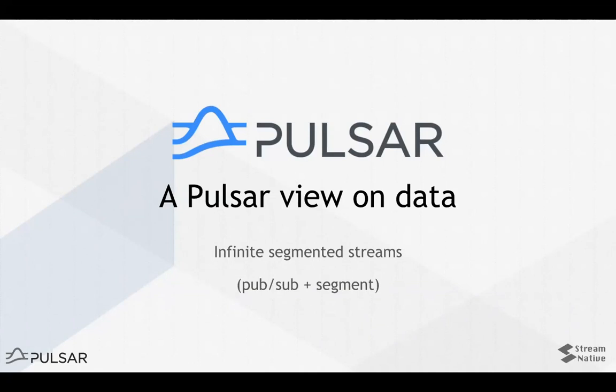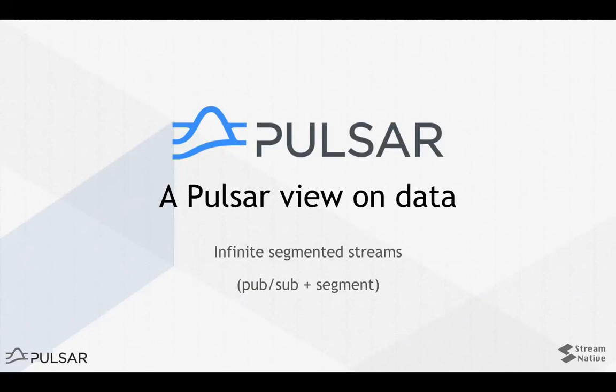One, you can use the traditional pub/sub messaging API to access data in streaming mode. Because the stream is truncated into segments, you also get fine-grained access to the segments within the streams, which we call the segment API or ledger API. That is how Pulsar views the streams.